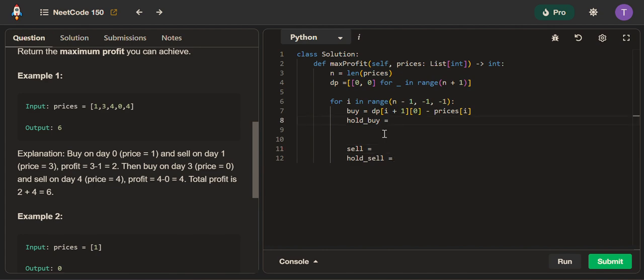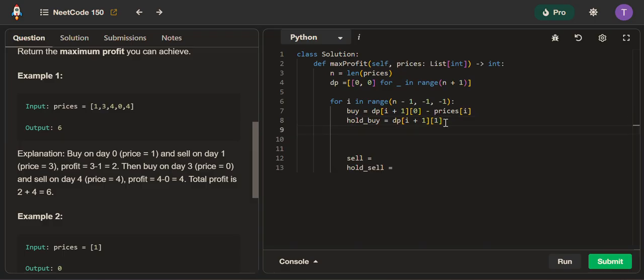Okay. And for the hold, well, if we're holding, we're just going to take the value of the next day because we're not taking any action upon it. So we can just take the value of the next day's buying column. So it's going to be dp i plus 1 at the index 1.